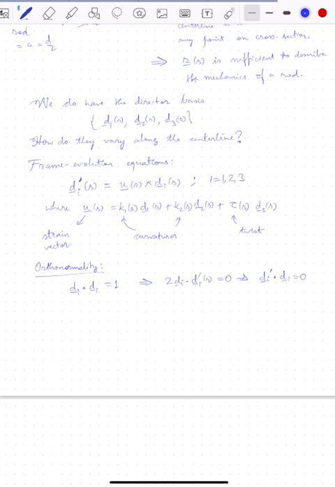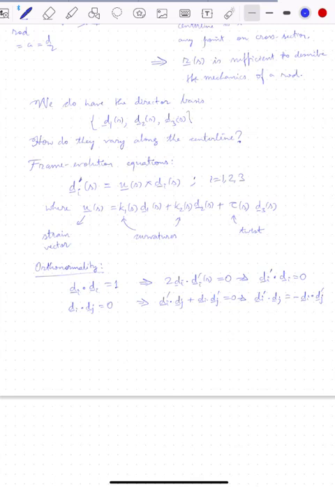The other condition is that they are orthogonal to each other, so di dot dj is equal to 0. Upon differentiating, we have di prime dot dj vector plus di dot dj vector prime is equal to 0, and this implies that di vector prime dot dj is equal to minus di dot dj prime.